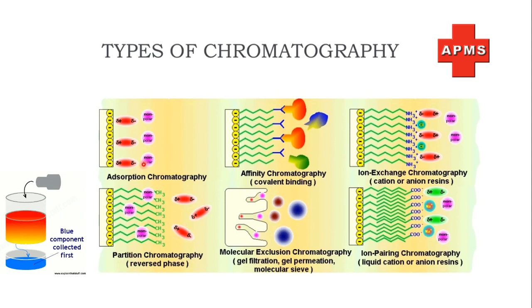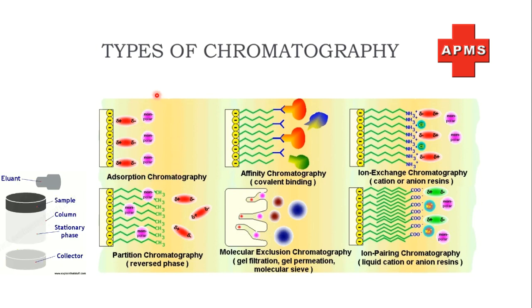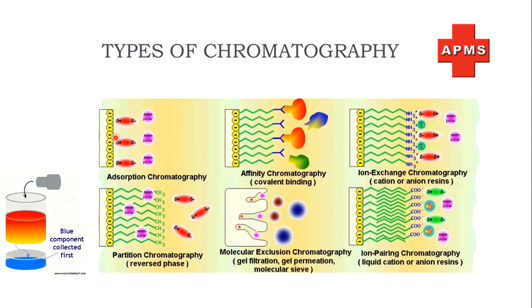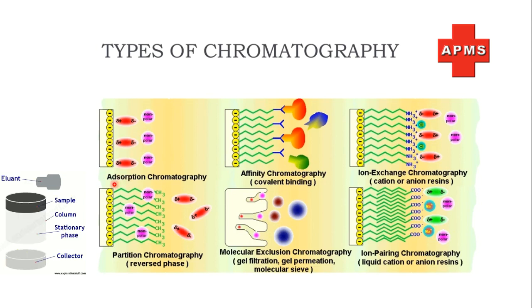Suppose we imagine that the portion where the mobile phase is present is a gas, then this type of chromatography will be called gas solid chromatography, because the mobile phase is gas and the stationary phase is solid. Its other name is adsorption chromatography.